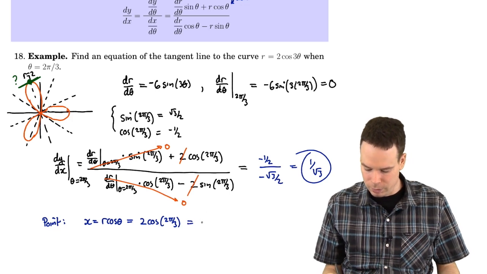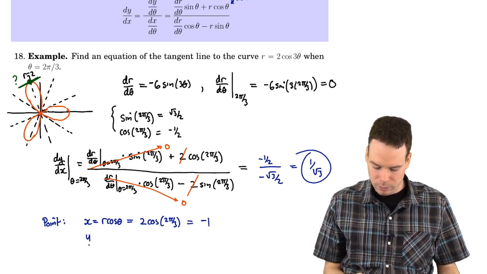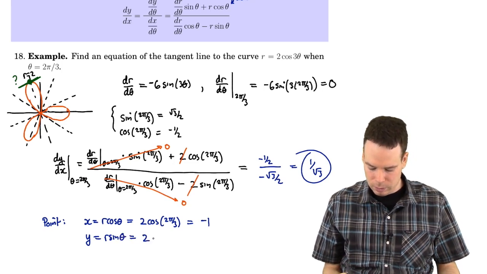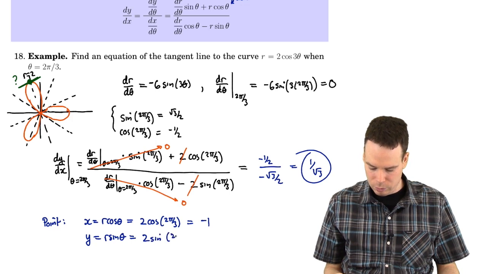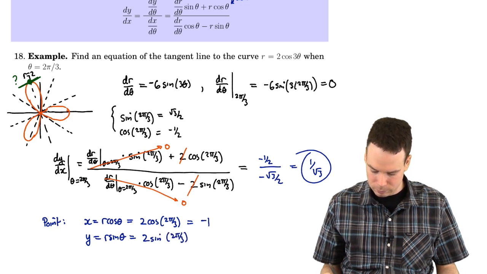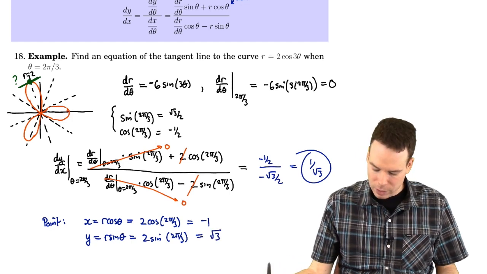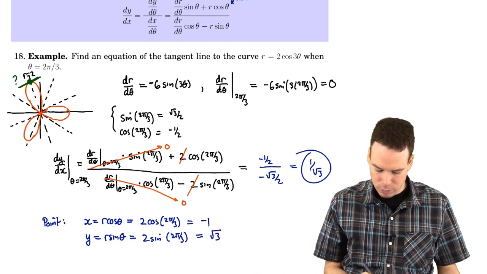Cos of 2 pi by 3 is -1/2, so this is -1. Y is r sine theta, which is 2 times sine of 2 pi by 3, which is root 3. So now we've got our point, we've got our slope.